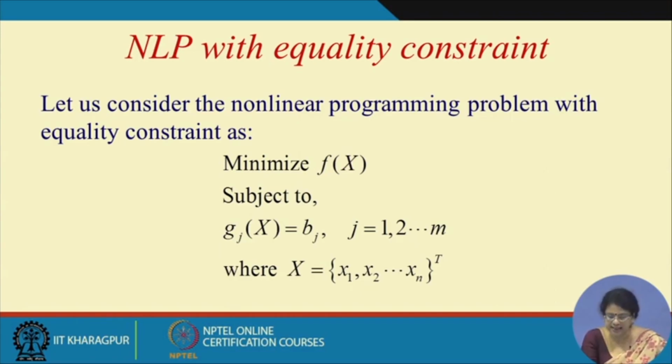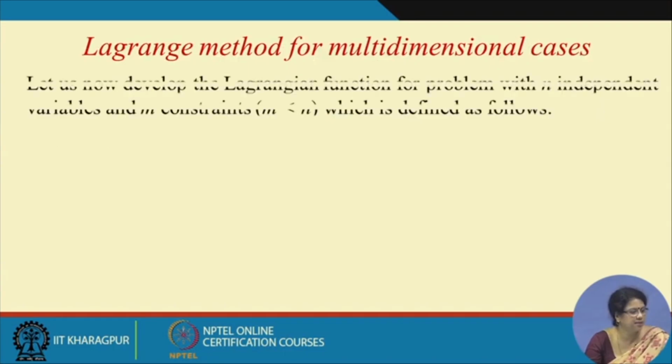Let us extend the Lagrange method I explained to you for the n-dimensional problem with a single constraint. The same method we will just extend, but with different Lagrange multipliers.